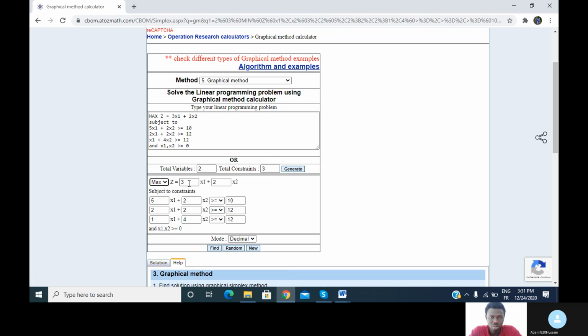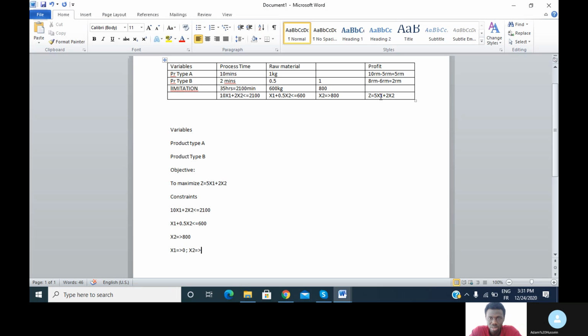So our objective is to maximize this equation: 5x1 plus 2x2.